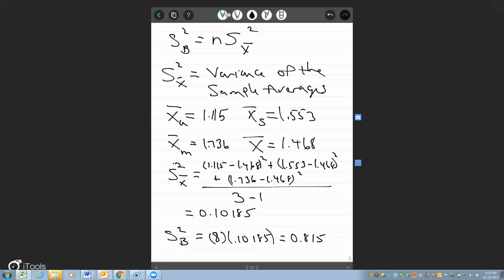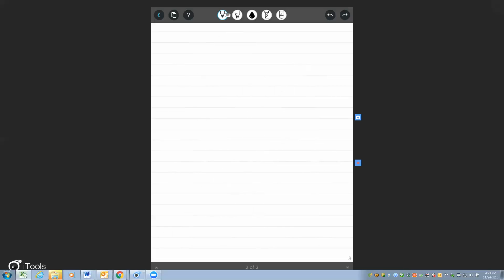So now the F statistic is S sub B squared over S sub W squared, which in this case is 0.815 over 0.178, which turns out to be 4.59.